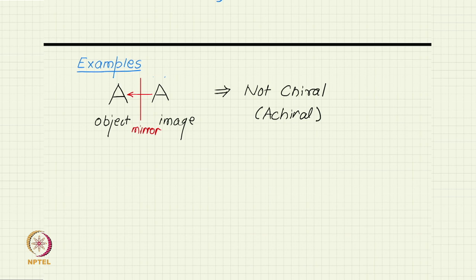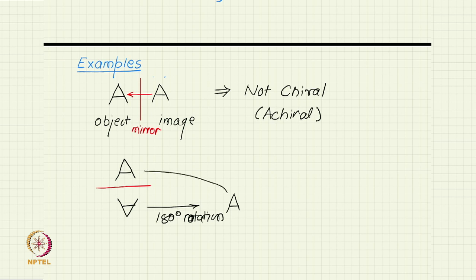What about if I use some other mirror, let us say a horizontal mirror for the same A. If I use a horizontal mirror, then of course I will get the image which is an upside down A, but you can see that this upside down A by 180-degree rotation can be straightened up and then can be superimposed on this A by further translation.